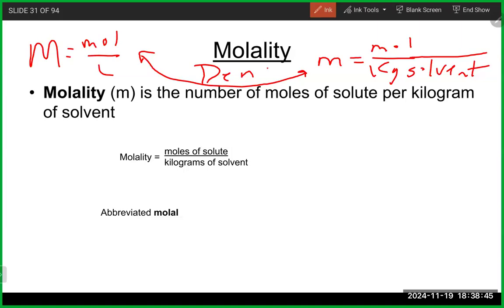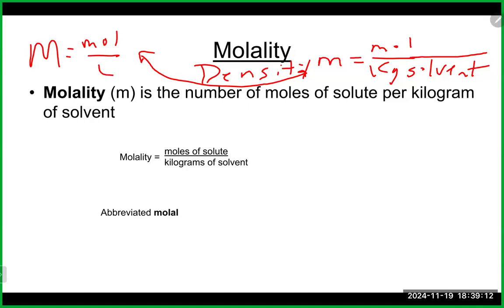So in case you need to go from one to the other, that's what you do. So this is moles of solute divided by kilograms of solvent. And this particular one, molality, is used a lot in colligative properties that we're going to talk about at the end of this chapter. Molarity will come into play a little bit, but definitely molality is a concentration unit that's used a lot in these colligative properties.